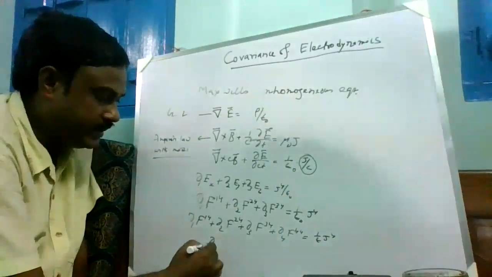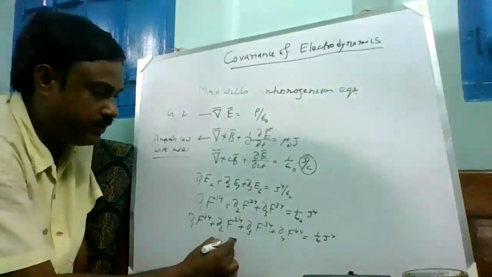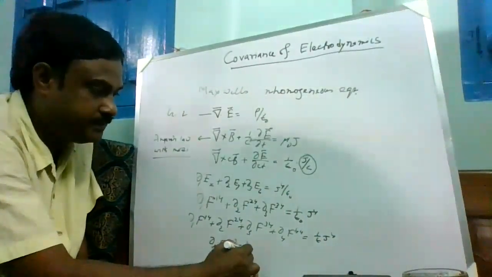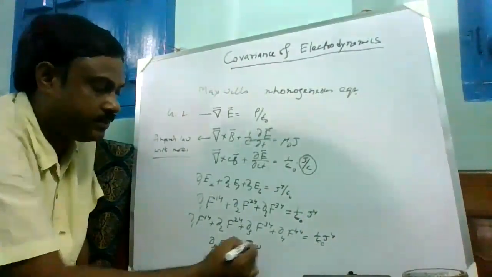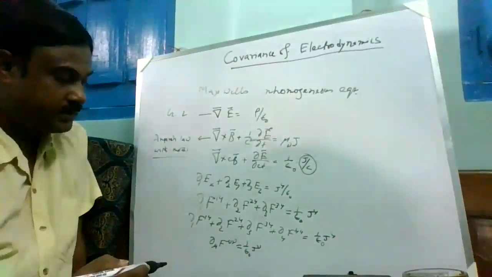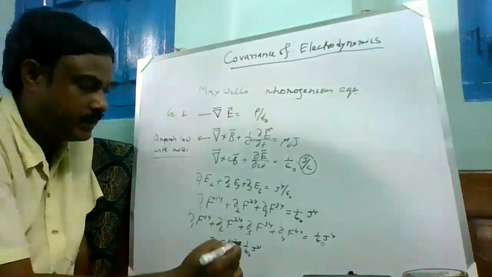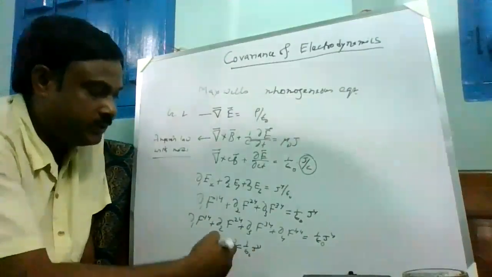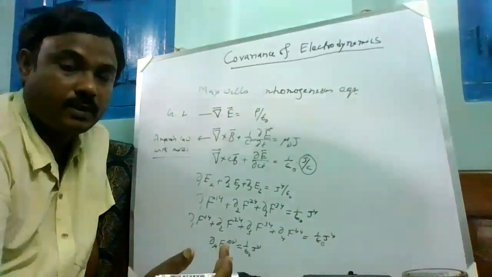You can write it as del mu F mu nu equals 1 by epsilon 0 J nu, and the other equation can be written in the same form.